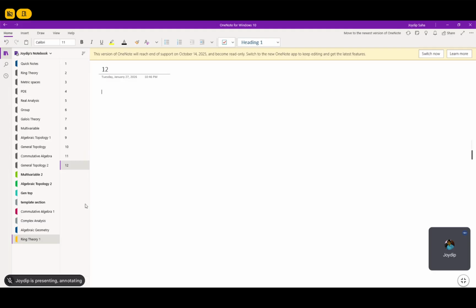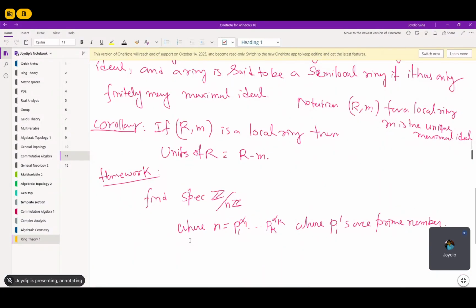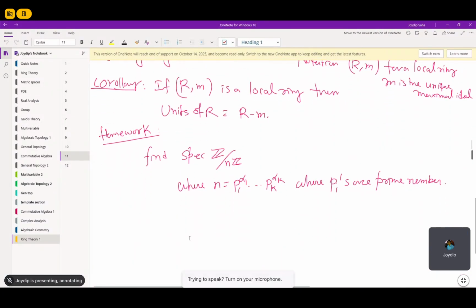Two questions. So for this note we need, we can do it in, suppose, this way.